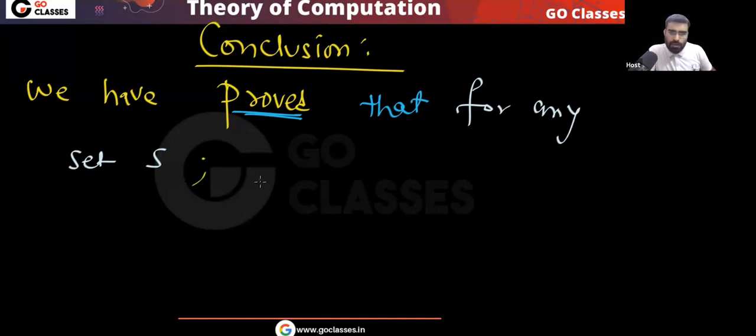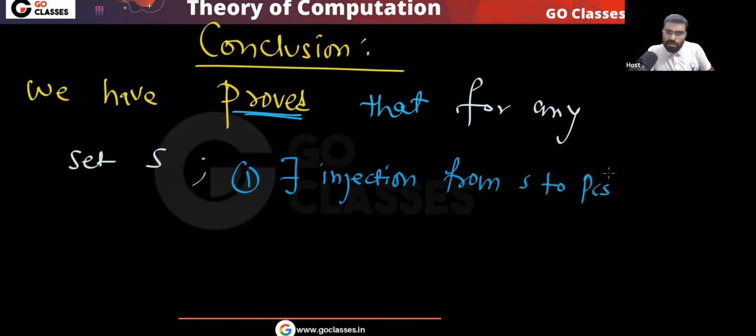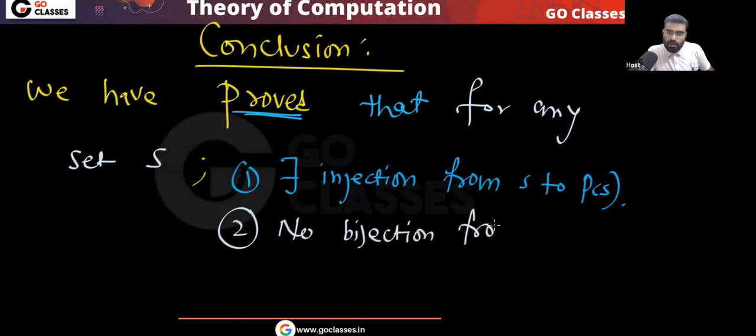Yes or no? We have proved that there is an injective function from S to PS. We have also proved there is no bijection from S to PS. Clear? This is what we have proved.